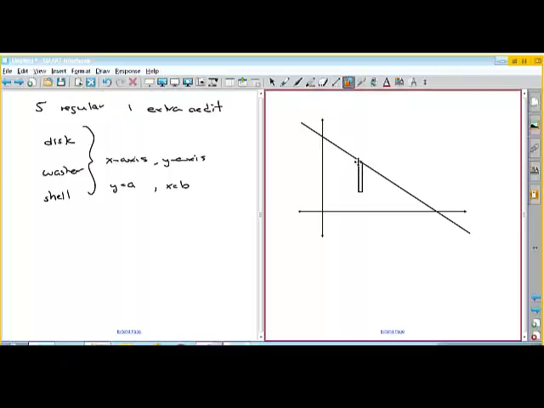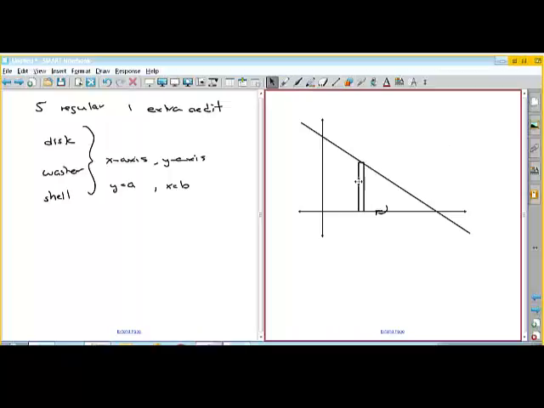And for all of the problems, you're going to want to draw what we've been calling the representative rectangle. So in this case, if I were rotating around the x-axis and I was using the disk method, then this would be my representative rectangle. And that would mean that I integrate with respect to x, because I would stack the rectangles up in this direction.